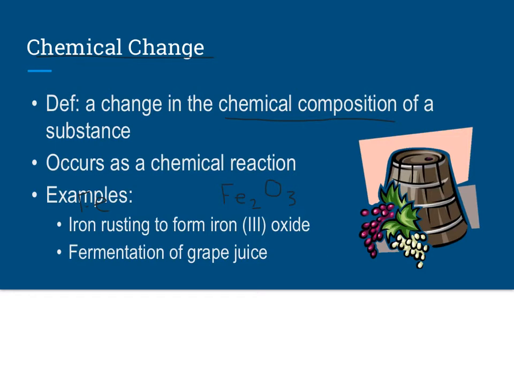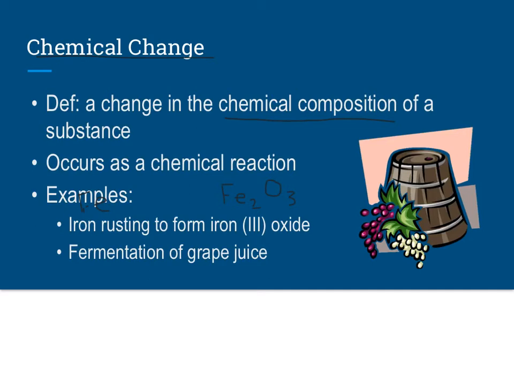So when iron rusts, it changes the chemical composition of the Fe into the Fe2O3. Another example of a chemical change is the fermentation of grape juice. Grapes that have been fermented undergo a chemical change in their structure, and the resulting product is wine. Now, there is obviously a very big difference in the makeup of grape juice versus wine.